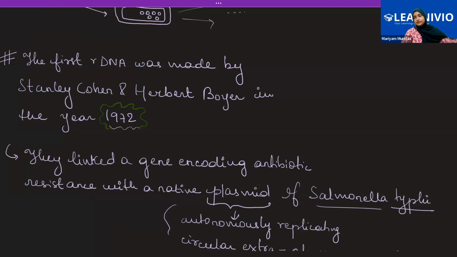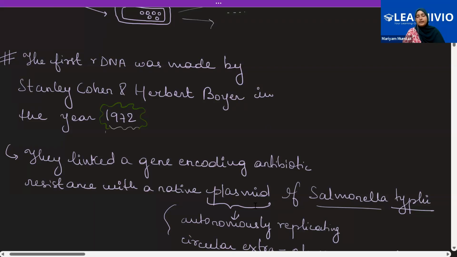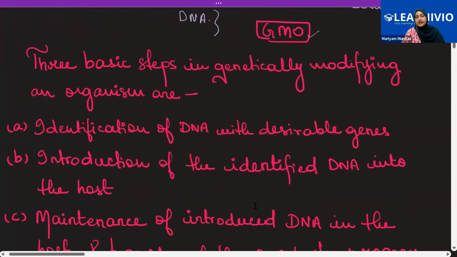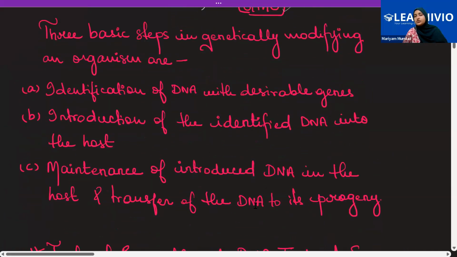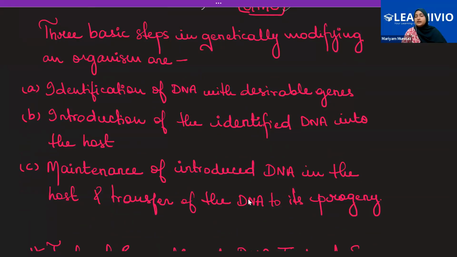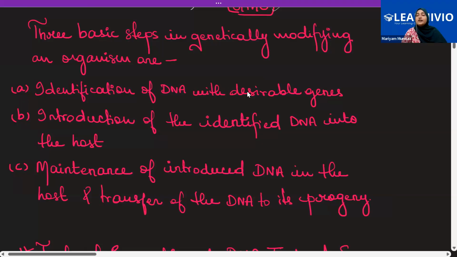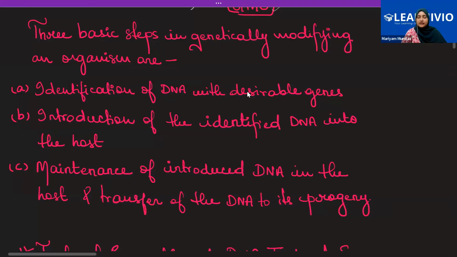Now further, there are three basic steps when you try to genetically modify any kind of organism. The first step is the gene of interest: whatever part of the DNA you require, first you identify that.